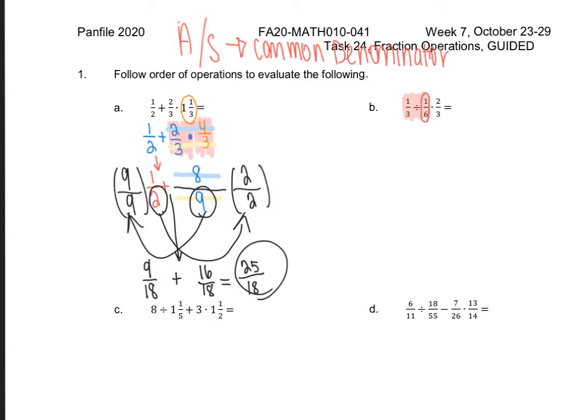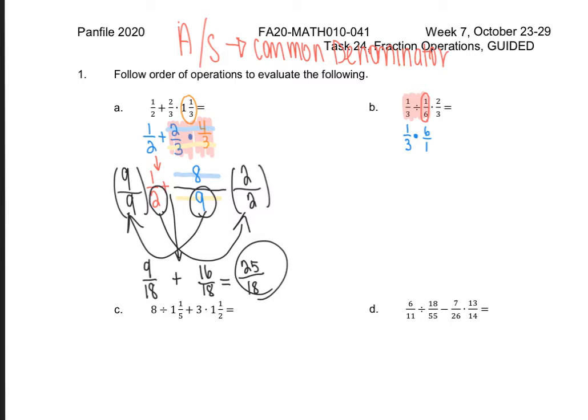So I'm actually going to rewrite this. I leave my first one by itself, and I rewrite my division as multiplication, and I rewrite my second fraction as 6/1 because I've now flipped it. And now I multiply it straight across.